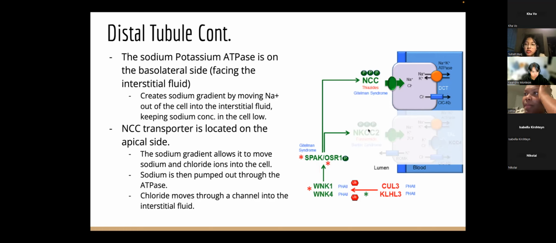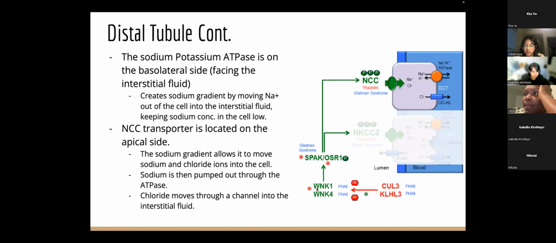And then, I think this was talked about earlier too, but basically this pathway with WNK and SPAK/OSR1 is very important in the distal tubule. The distal tubule can be regulated by hormonal pathways.